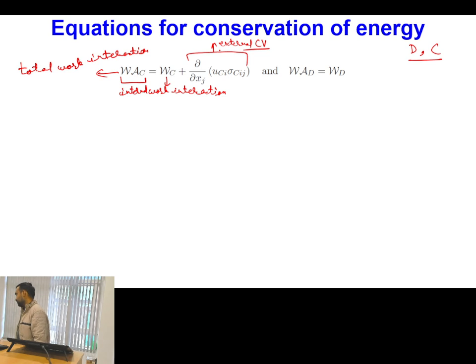The dispersed phase will be applying some amount of force on the continuous phase, and while they are moving relative to each other, there will be some work acting on the continuous phase because of the presence of the surrounding dispersed phase. Is this point clear? If I have a dispersed particle present, that dispersed particle will provide some resistance force to the continuous phase.